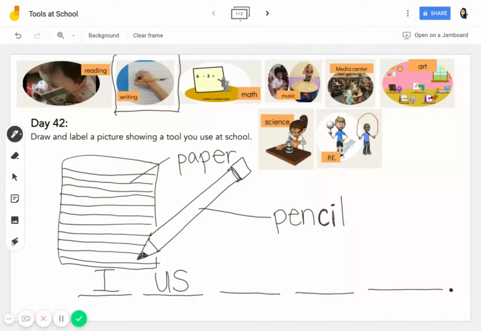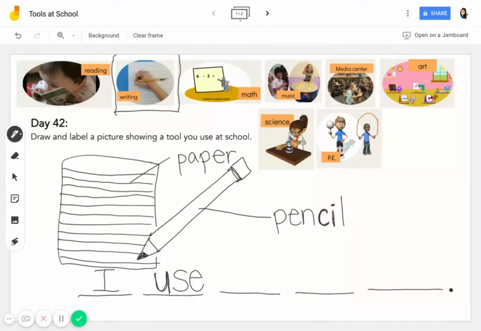But it says us. That's not the word I wanted to say. The word says use. Oh, I know. To make my use say its name, I need a special letter at the end of my word. It's a silent E. It doesn't say anything, but it will make my use say its name.